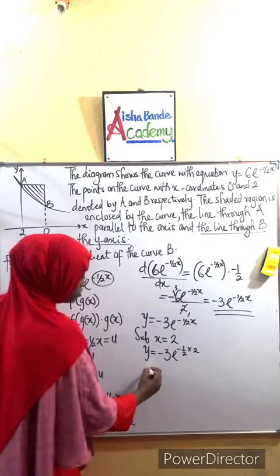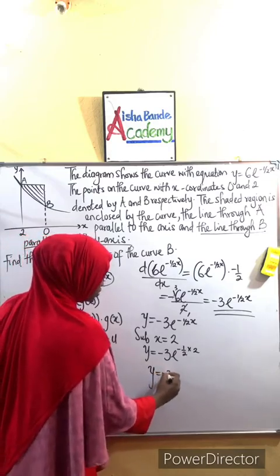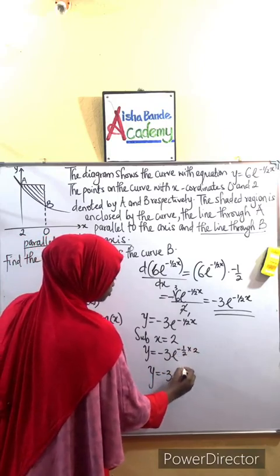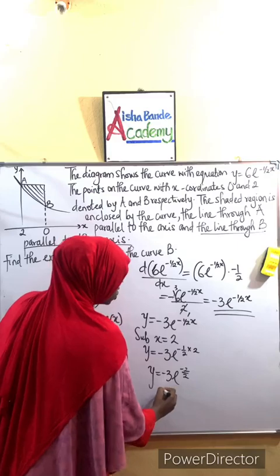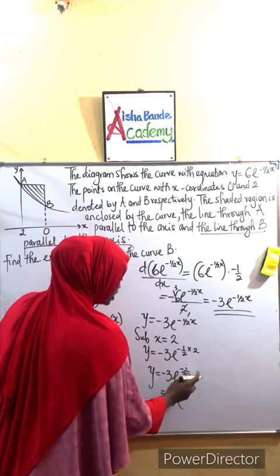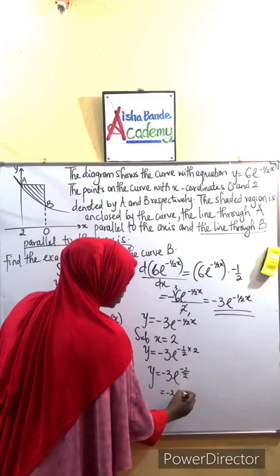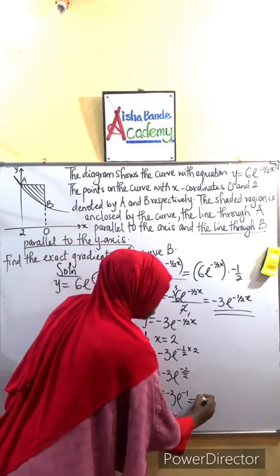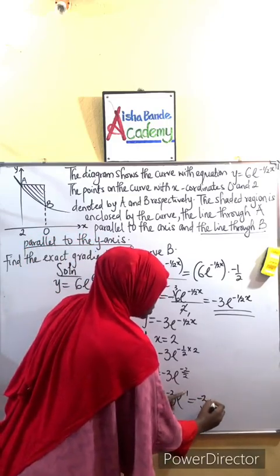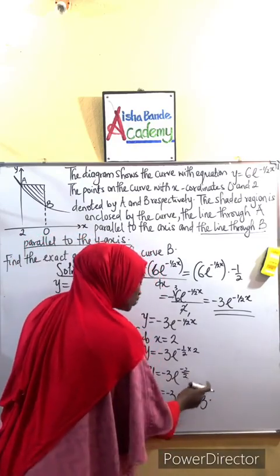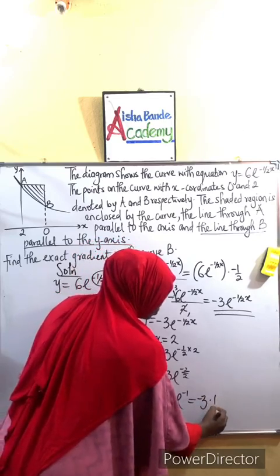Okay, so from here we have dy dx equals minus 3e raised to the power minus 1 times 2, which gives us minus 2 over 2. So this equals minus 3e raised to the power of minus, 2 divided by 2 is 1, right? So we have minus 1. This is the same thing as saying minus 3 times e raised to the power minus 1. e raised to the power minus 1 is the same thing as 1 over e.